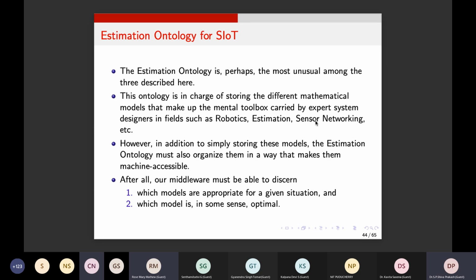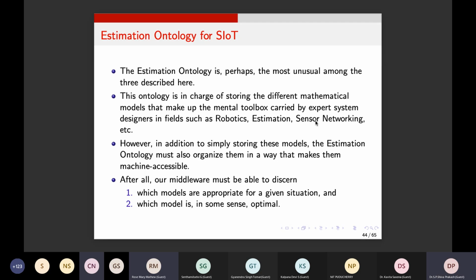This is basically in charge of storing different mathematical models that make up the entire toolbox that will be carried out by the expert system designers in the field of robotics or estimation, sensor networking, etc. So instead of simply storing these models, the estimation ontology must also organize them in a way that makes them machine accessible.